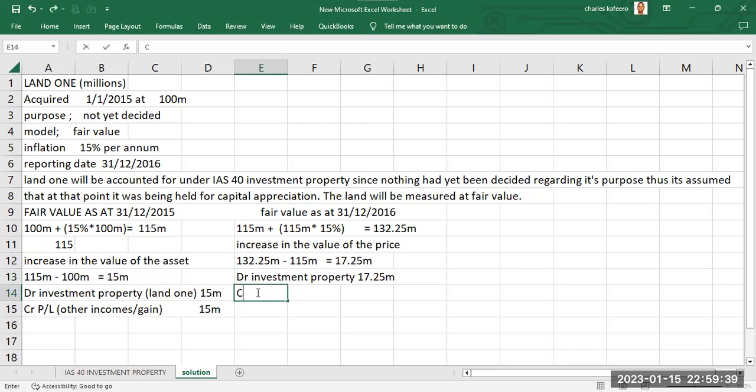Then a credit to the profit or loss account in the names of gain or other incomes. Meaning this one is going to come after you've computed the gross profit. We are going to be adding a change or a gain, a fair value gain.